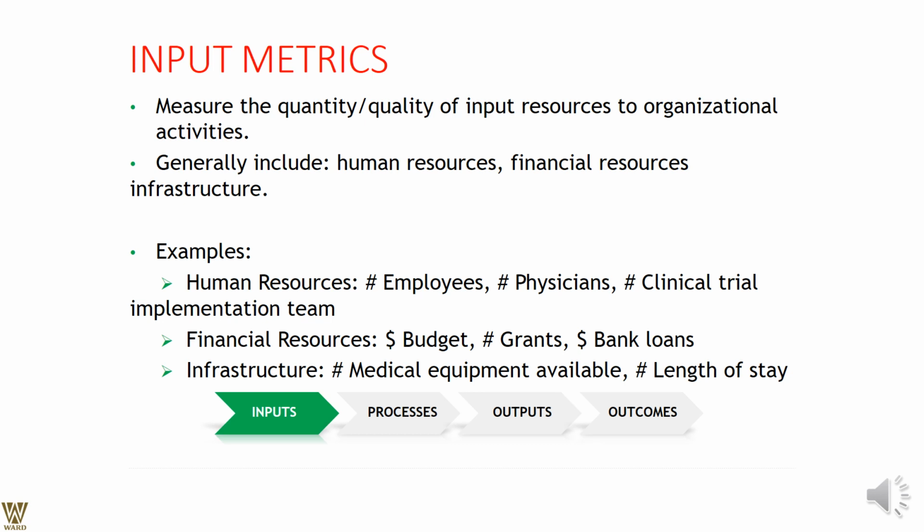Let us understand the input metrics, which measure the quantity and quality of the input resources to the organizational activity. This is pertinent. We'll talk about general things, which include financial resources, human resources, and infrastructure. For example, in human resources, the number of employees, the number of managers, and the number of other implementation team members. For financial resources, the overall budget, the grants, the debt, and the equity share.